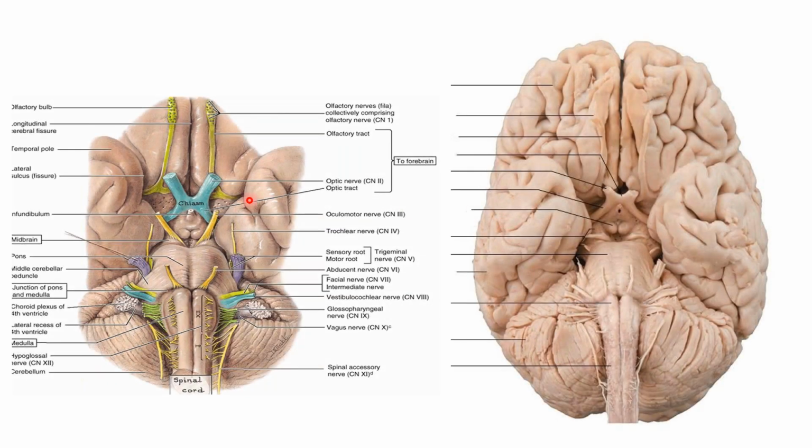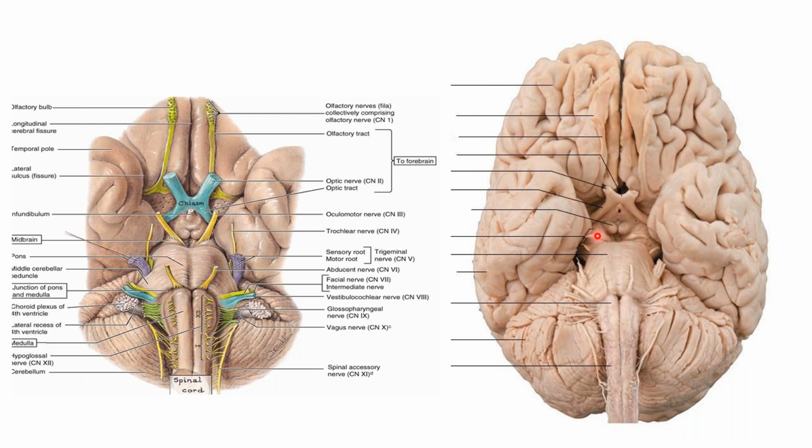This is the same diagrammatic representation shown over here in the actual brain, and you can see these nerves: the oculomotor, the trochlear nerve, and the abducent nerve. The relation of the trochlear is, this is the midbrain part, so it will be coming out near the crus cerebri. These are the two crus cerebri.